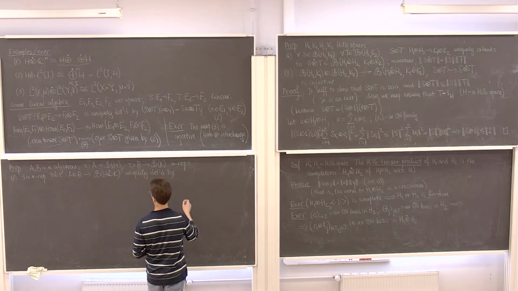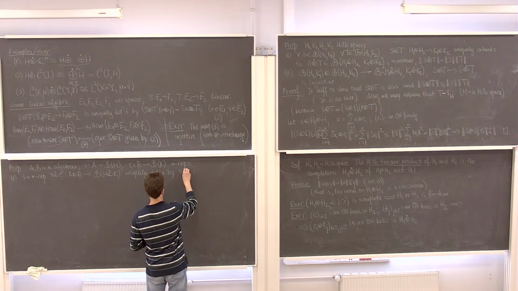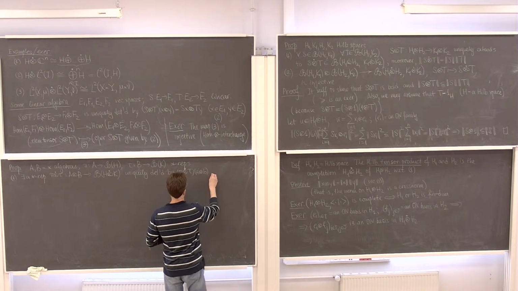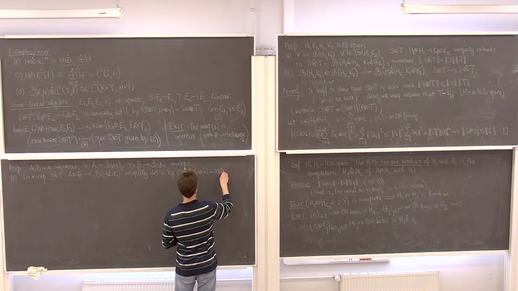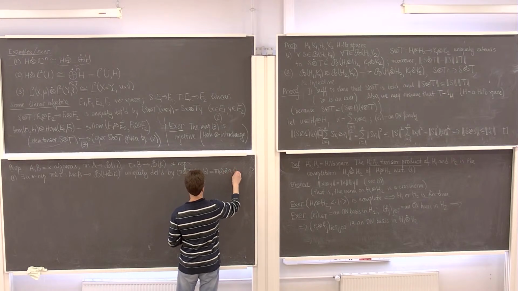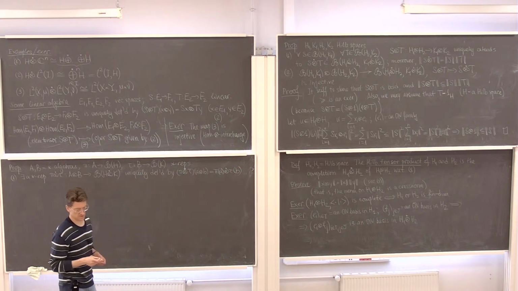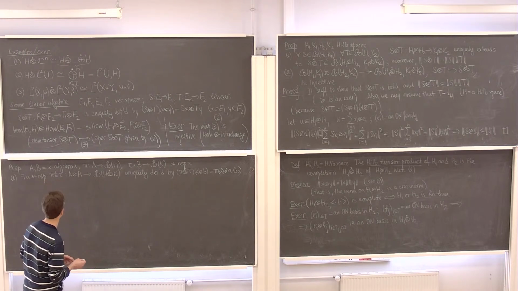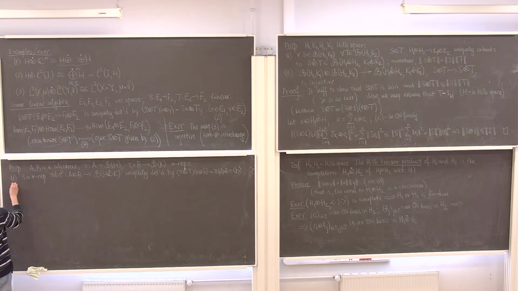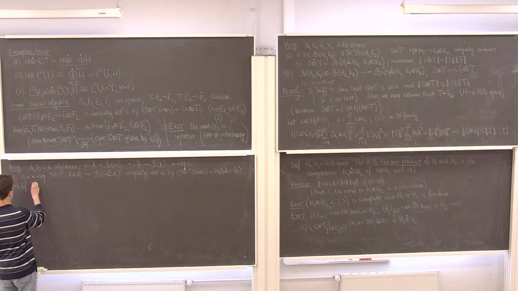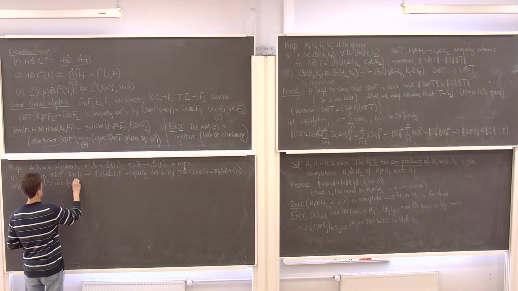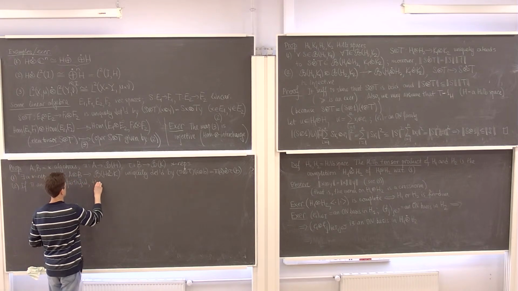It takes every elementary tensor a tensor b to the operator pi of a tensor tau of b, which was defined in the previous proposition. So it acts from H tensor K to itself. And moreover, if both representations, pi and tau, are faithful, then so is their tensor product.